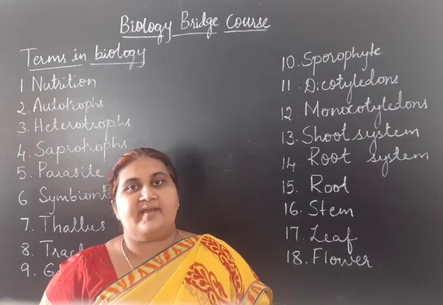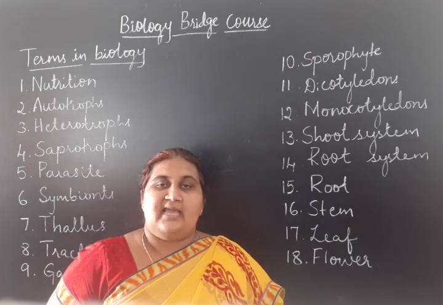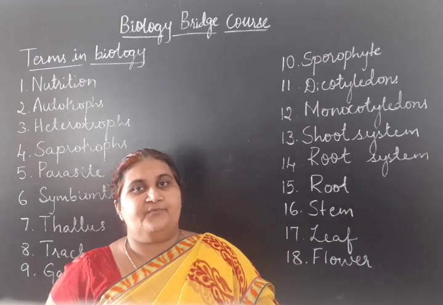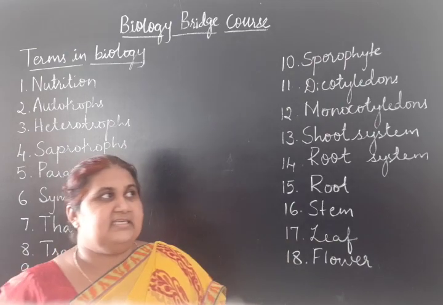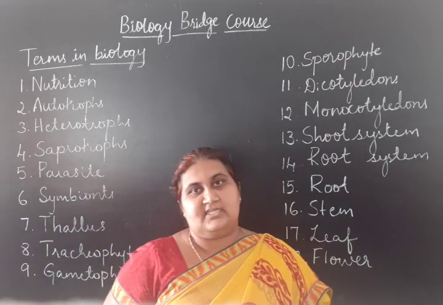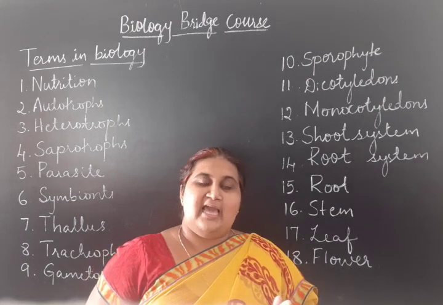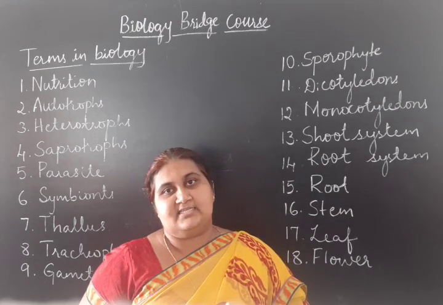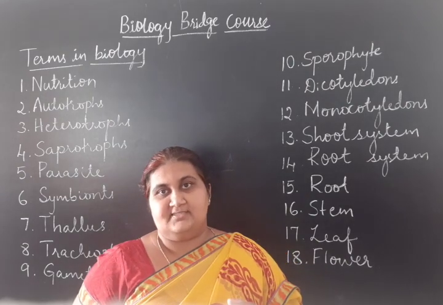In plants we find alternation of generation, where Gametophyte alternates with Sporophyte, or Sporophyte alternates with the Gametophyte. It is an important characteristic feature.